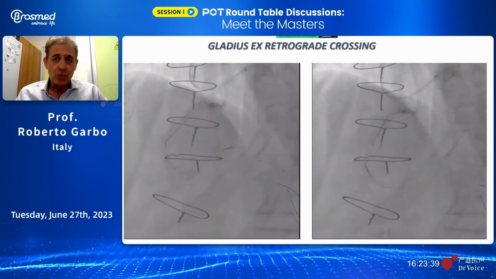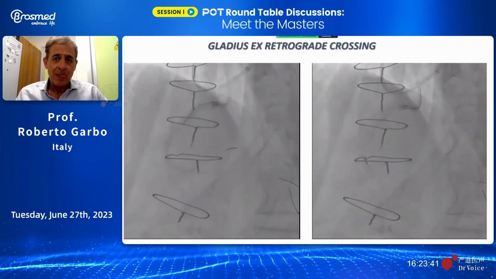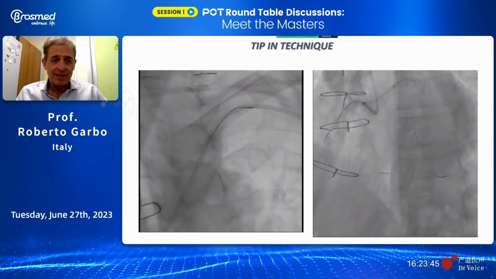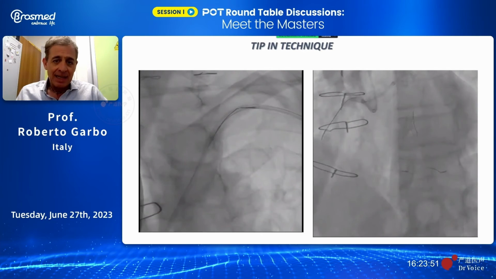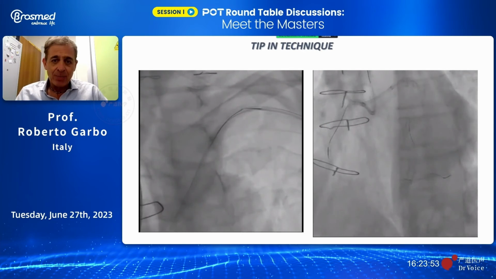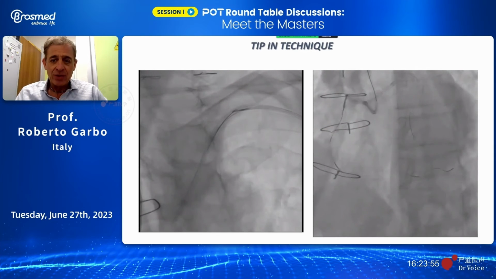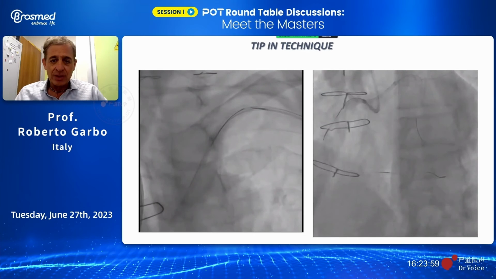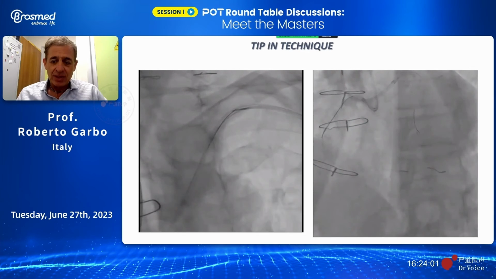This time we have two options: externalization or the tip-in strategy. I chose this second option. So this is the tip-in with the Gladius and the antegrade microcatheter, and then I advanced the Turnpike Spiral over the same Gladius, in order to change the wire.